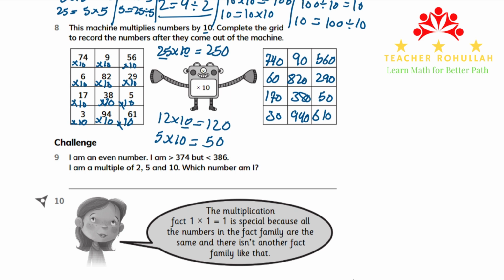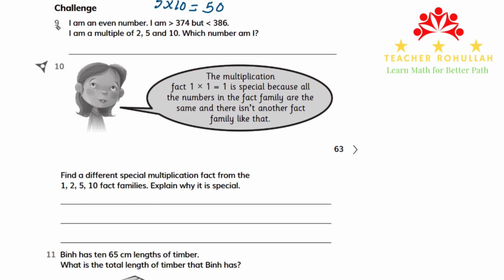Let me scroll down to move to question number 9. In question number 9, it says, I am an even number. I am more than 374, but less than 386. I am a multiple of 2, 5, and 10.